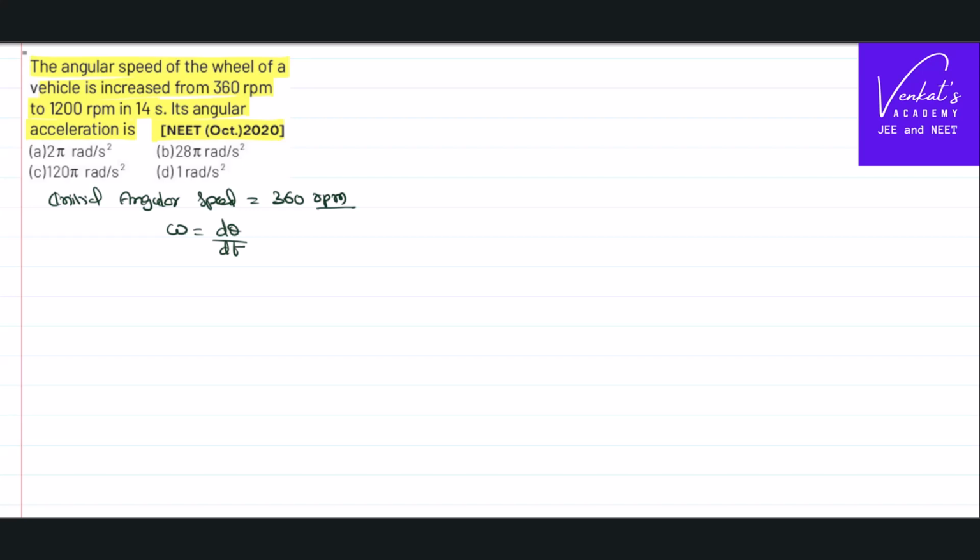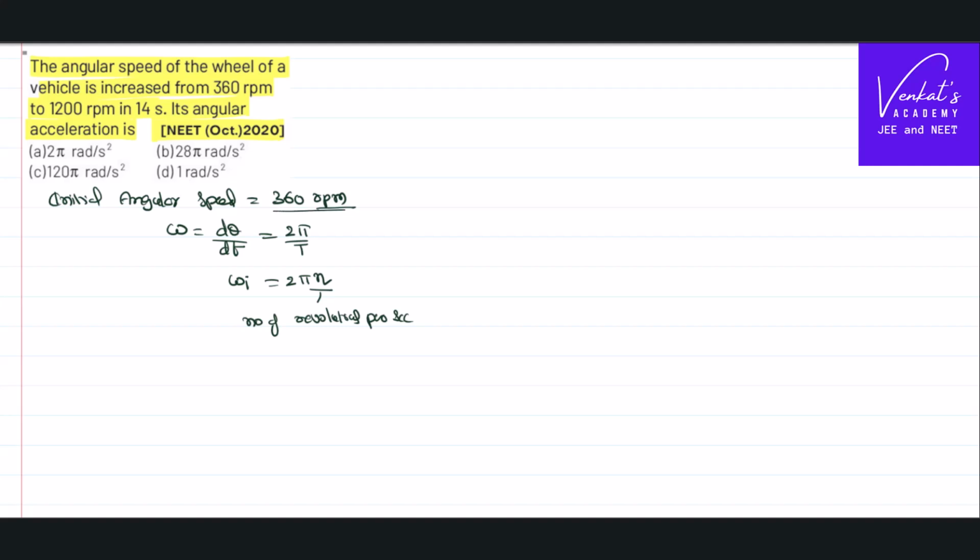When one rotation is completed, that is going to be 2 pi by T. That's the angular speed. 1 by T is called frequency, so omega is 2 pi into n, where n is the frequency, that is the number of revolutions per second.